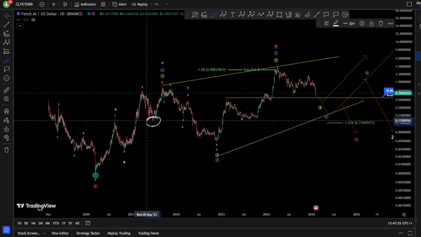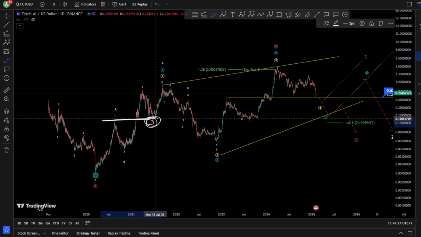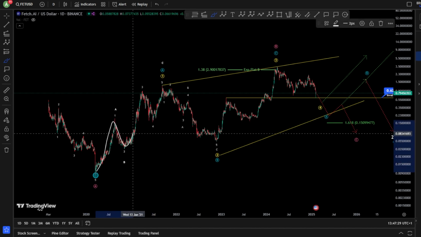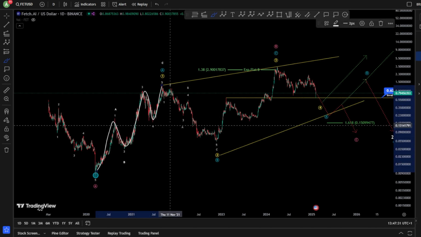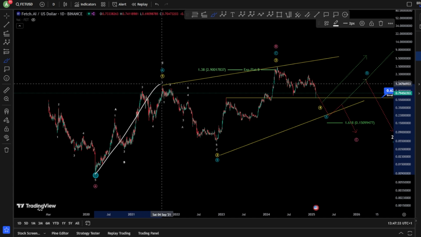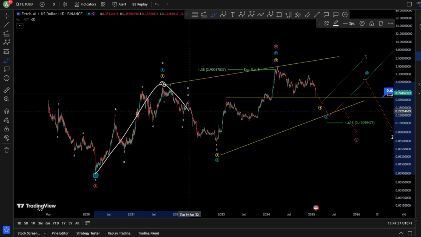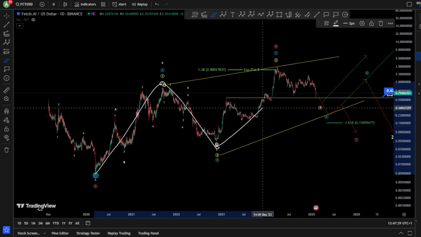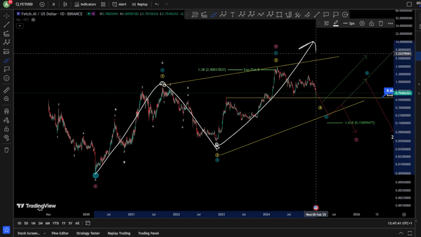Leading diagonal because your wave 4 has interfered with your wave 1, turning this into a leading contracting diagonal, meaning the only way that we can have probably here with a leading diagonal is a 1, 2, and then we are looking for a wave 3 towards the upside.